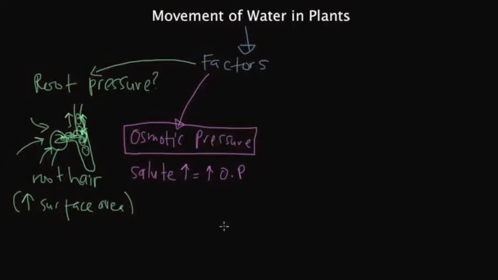Now let's take the cells of the root hair again. Let's put our focus at the cells found at the root. Since the water has been drawn into this cell, this cell is now having a high content of water.